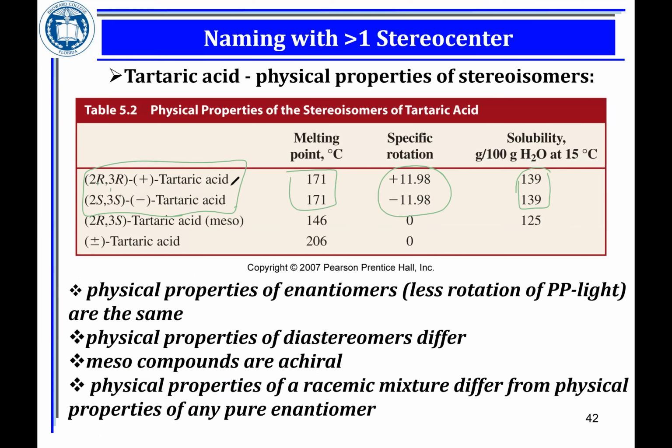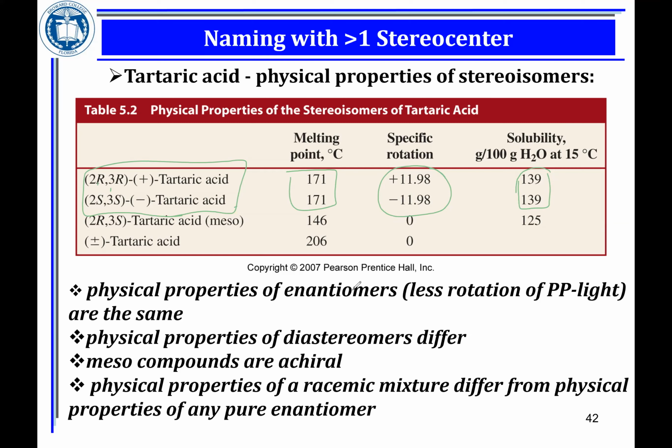The only difference between a pair of enantiomers is that one would rotate the light to the right side, the other one to the left side. That's the only physical property where a pair of enantiomers differ. Rotation of plane polarized light is not the same.